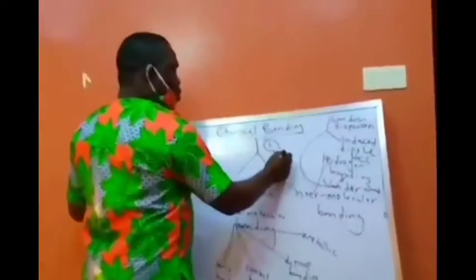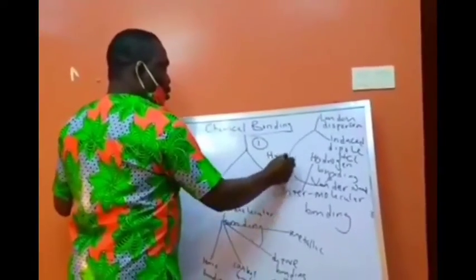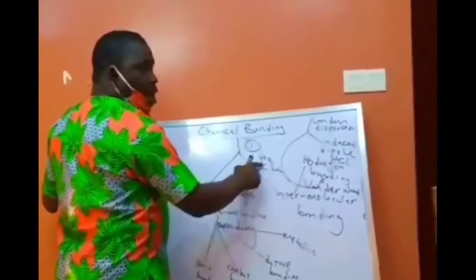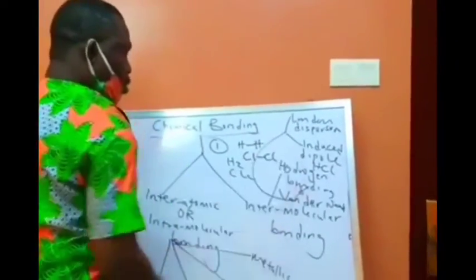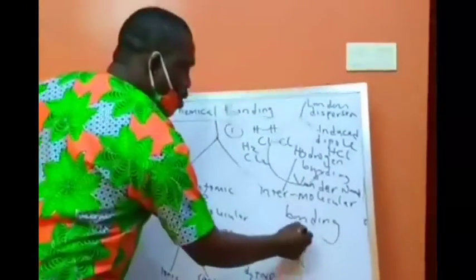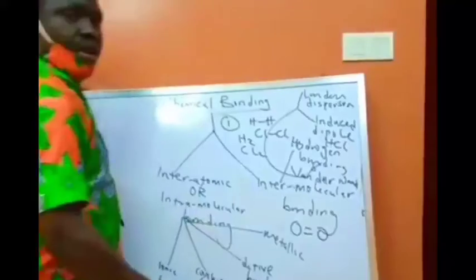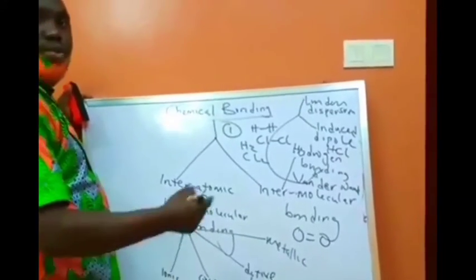For example, you have hydrogen, you have chlorine. For hydrogen, it is like monocovalent bonding. For chlorine, it is monocovalent. For oxygen, it is dicovalent bonding.